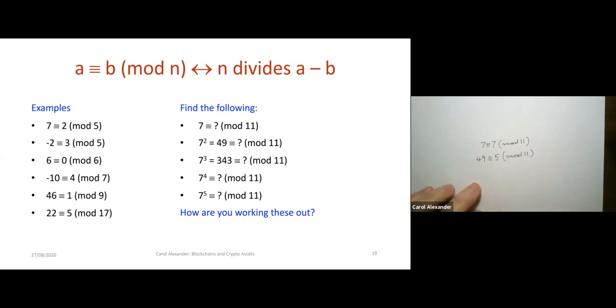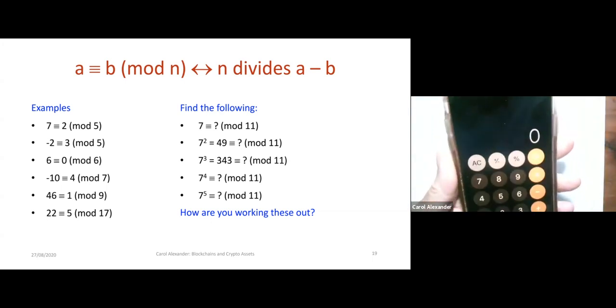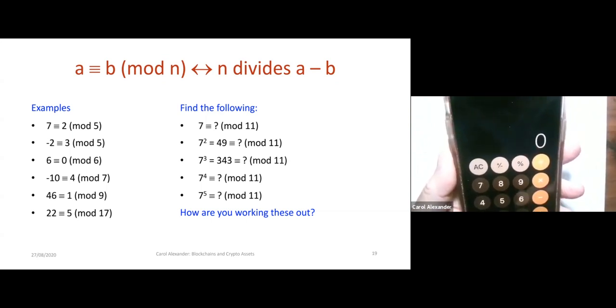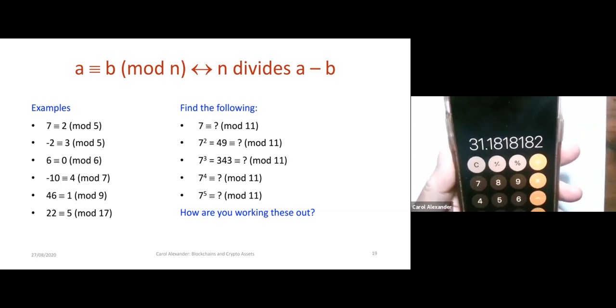343, my 11 times table is not very good. I'm going to need a calculator. So, where are we? Here's a calculator. Can you see that? Oh, you can, good. So, 343 is 7 cubed. So let's do 343 divided by 11. So that's 31.181818.